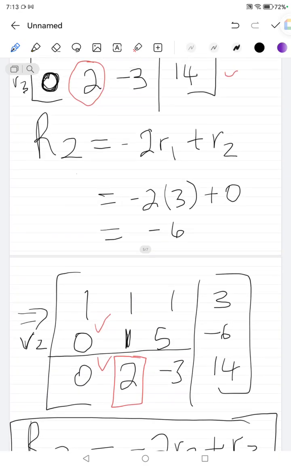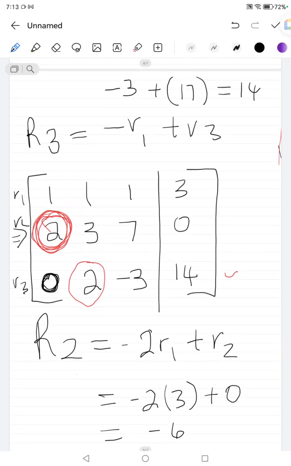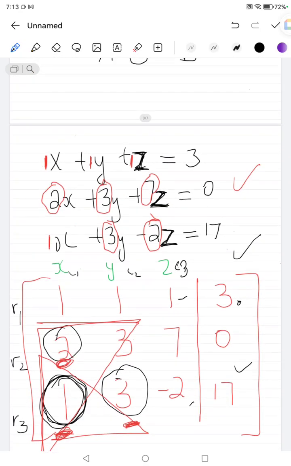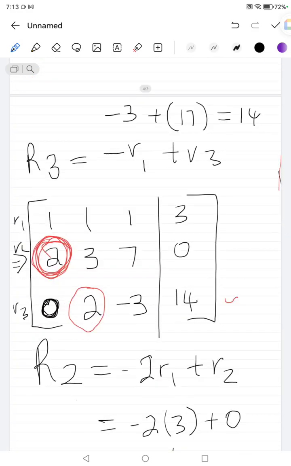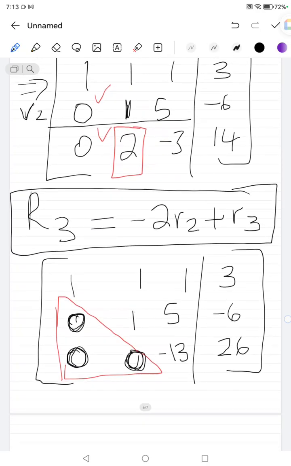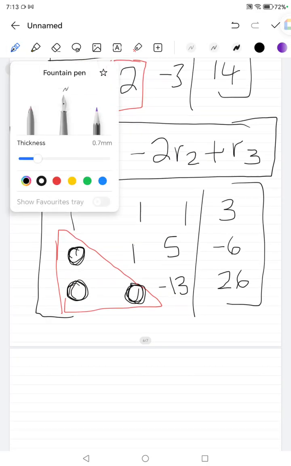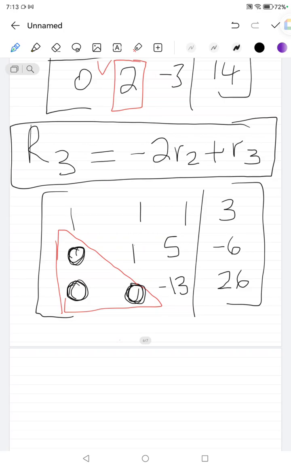Then you have to go again and check that, remember, you have your x, y, and z. So you can quickly go to this one and say, here I still have those x, y, z.